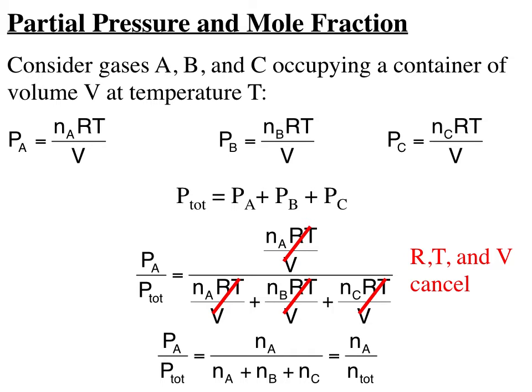And notice the RT and V's cancel in all places. So I come to the conclusion that PA over Ptot equals NA over Ntot. So I'm going to use this to define a new quantity that we will do on the next slide.